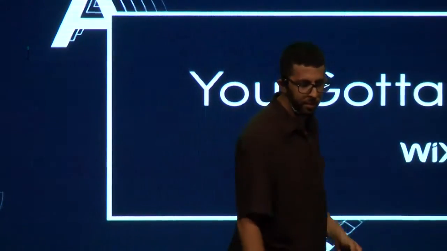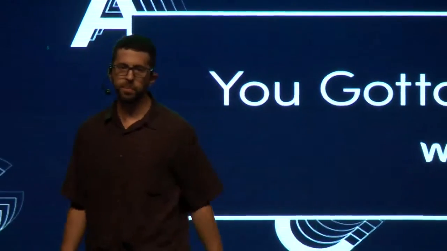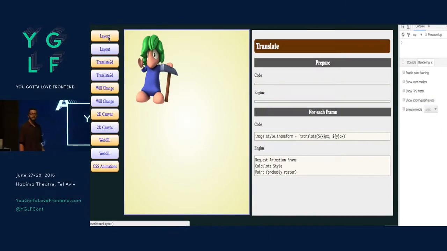And we're going to explain why, how to debug it, and when it's a good idea to use that technique of the rendering pipeline. On the other side, we see what we are actually doing when we prepare, meaning once for the whole animation. And we're going to see what's going to happen for each frame, what code we're going to run, and what the engine is going to do. And I know I have the Chrome DevTools open on the right. We're going to use it in a moment.